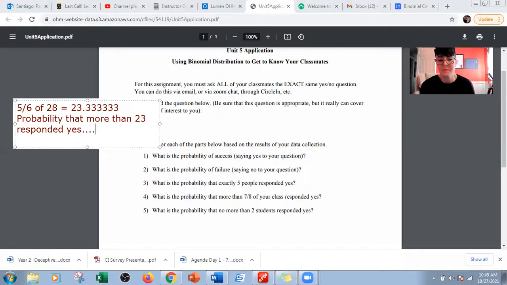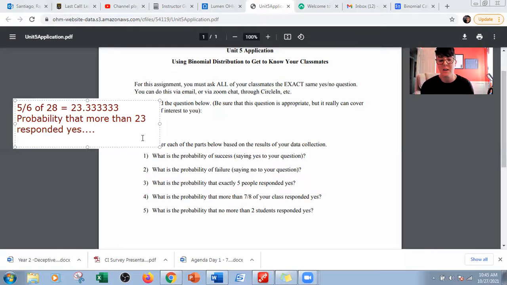So it can't be like a partial number when we do the whole n choose thing. Right, you want to choose a total number of students, so that's why we would either round down or round up. You're not going to choose 0.3 of a person. So make sure that that value is rounded.